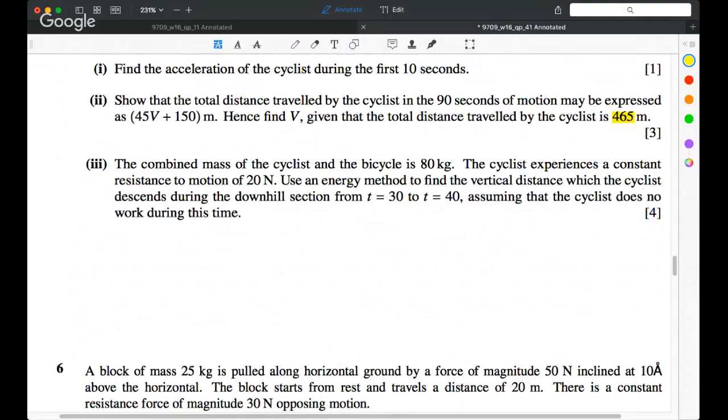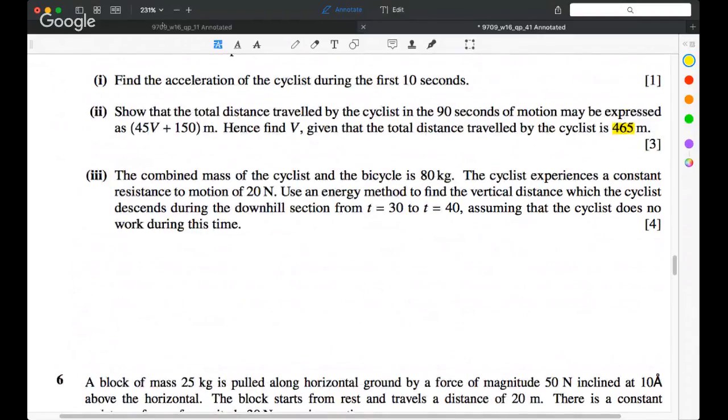So energy can only be converted from one form to another. And in this case, when the cyclist is going downhill, it's losing what we call gravitational potential energy, and it's gaining kinetic energy, but at the same time it's losing energy as well because of resistance to motion.